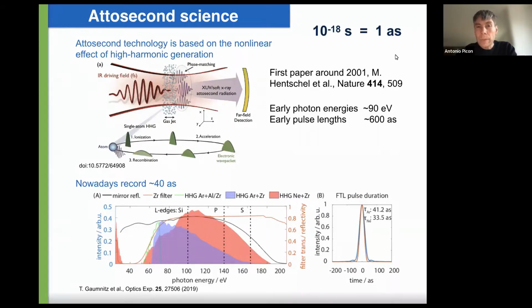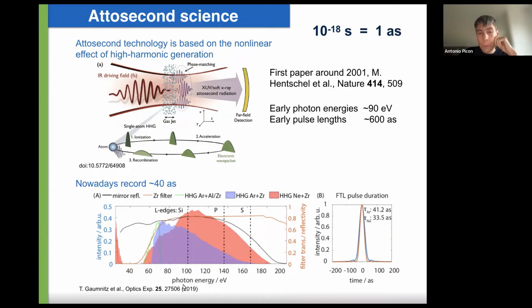The first attosecond pulse produced with this technique was around 2001. In the first experiment, the photon energies were around 90 eV and the pulse length around 600 attoseconds. If we look at experiments nowadays, there has been a huge improvement in mid-infrared technology, so these pulses are going down in pulse length.